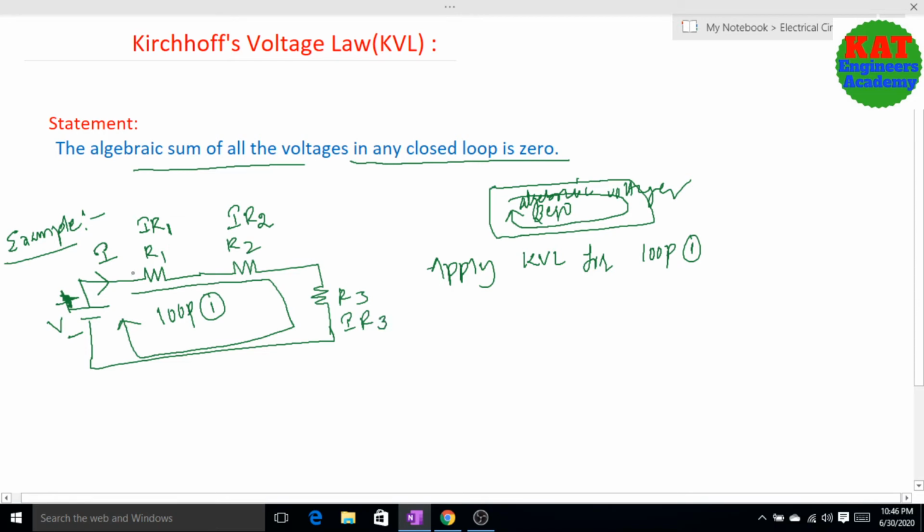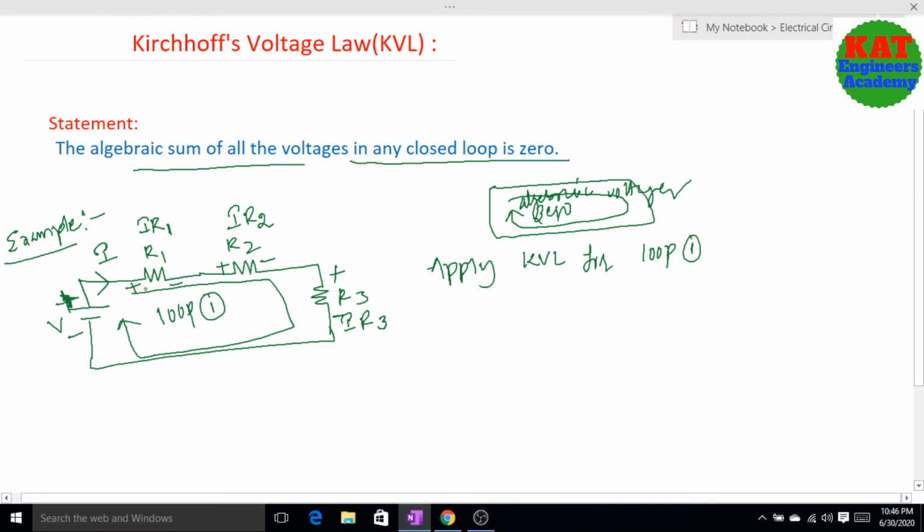Now just listen. Here the voltage drop is I R1, with plus and negative signs marked based on the current direction. Whenever the current is entering a resistor, you consider that terminal as positive, and leaving the resistor terminal is considered as negative.